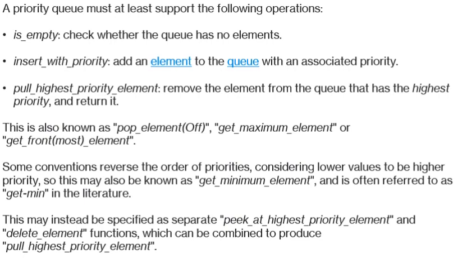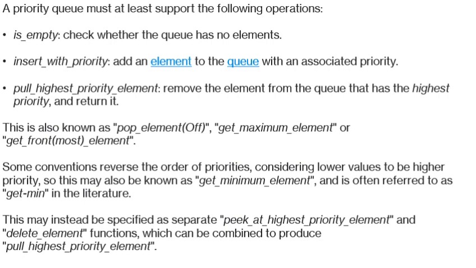This is also known as pop element, get maximum element, or get front-most element. Some conventions reverse the order of the priorities and consider lower values to be higher priority.